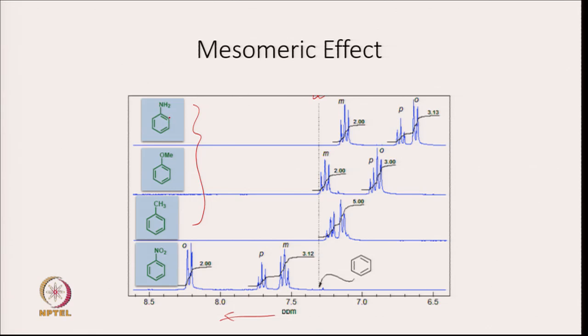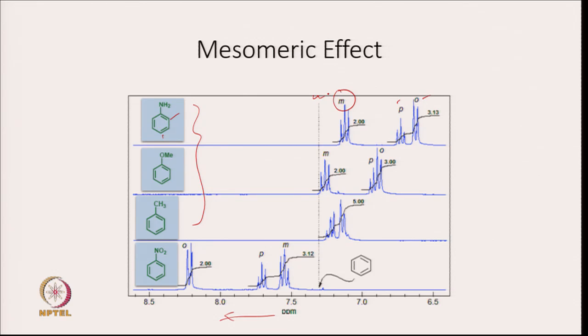The electron donating plus M effect will be more predominant in ortho and para positions, and so ortho followed by para position is going to be of a smaller chemical shift. Meta position will be of highest chemical shift.